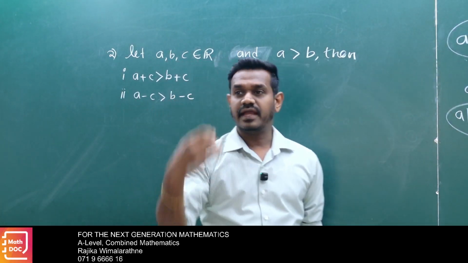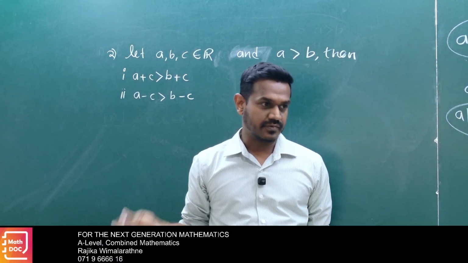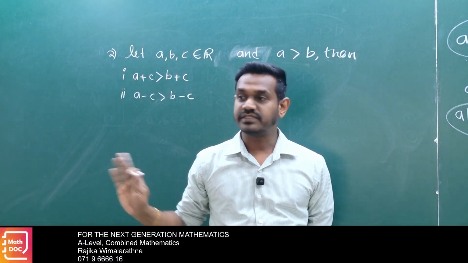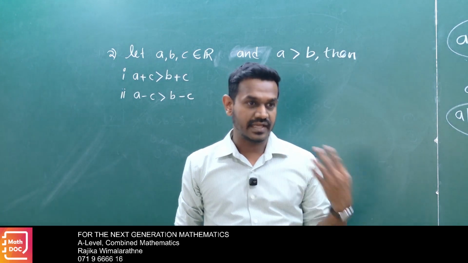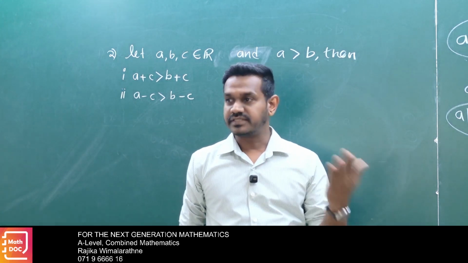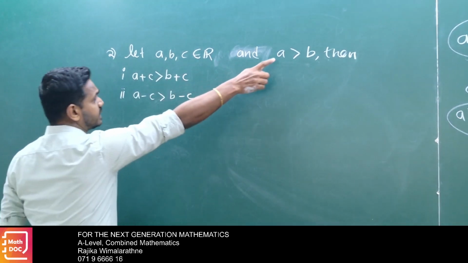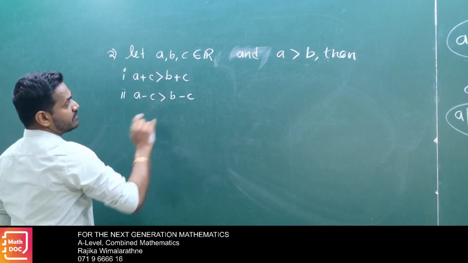We can add any value to that inequality, both left and right hand sides, without changing its sign. And similarly, we can subtract any value without changing the sign.